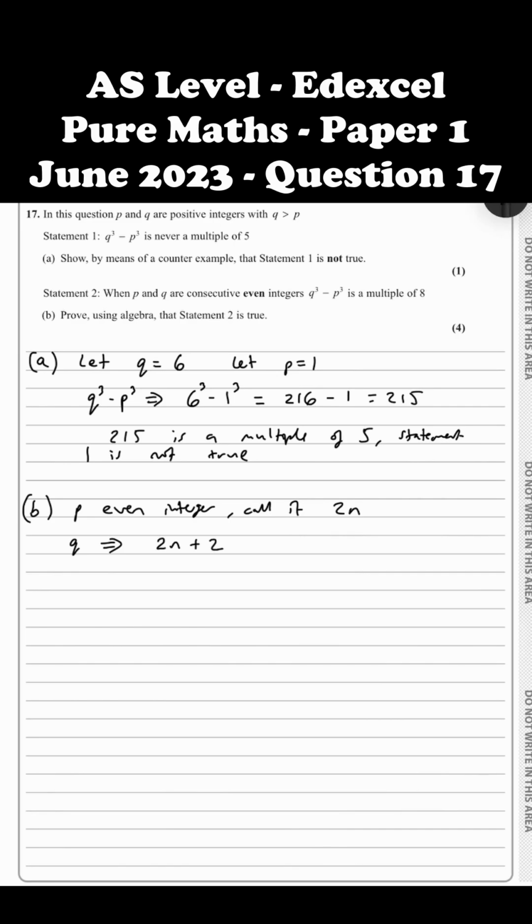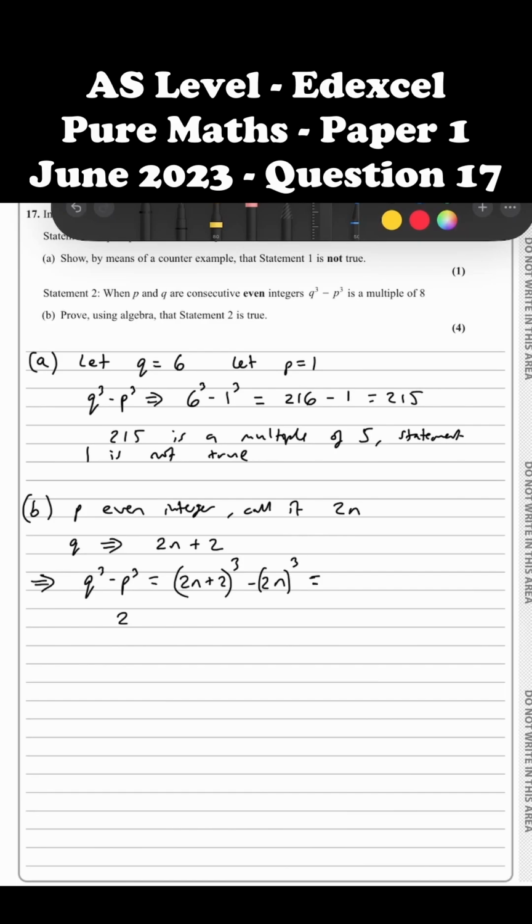Therefore, q cubed minus p cubed is going to be 2n plus 2 cubed minus 2n cubed, which is just going to be 2n plus 2 multiplied by 2n plus 2 multiplied by 2n plus 2 minus 8n cubed.